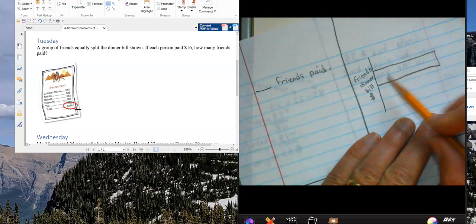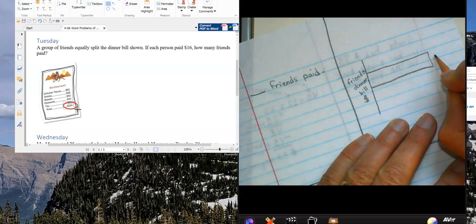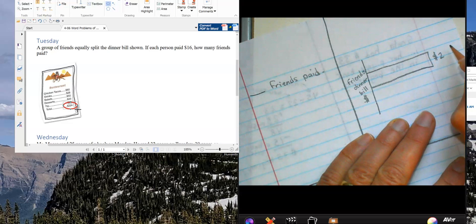Since that's the entire dinner bill, I'm going to put that at the end of the unit bar, $224. Based on what I'm reading, I really don't need the rest of the menu because all I need to know is how much the bill is for total. So the rest of it, I can just leave alone. I don't have to worry about it.